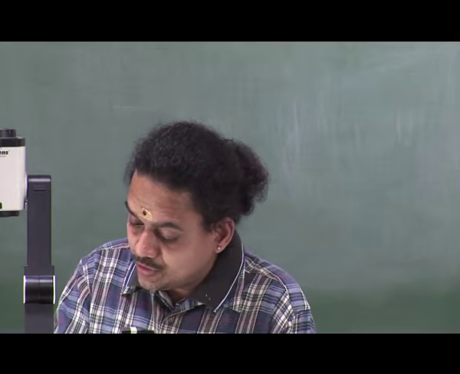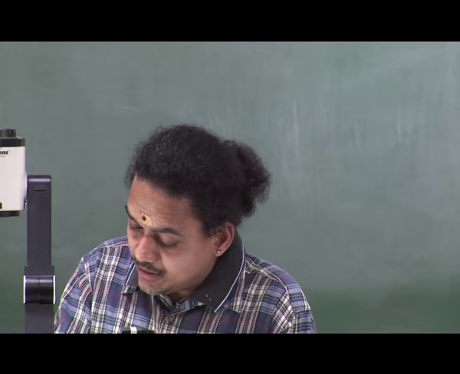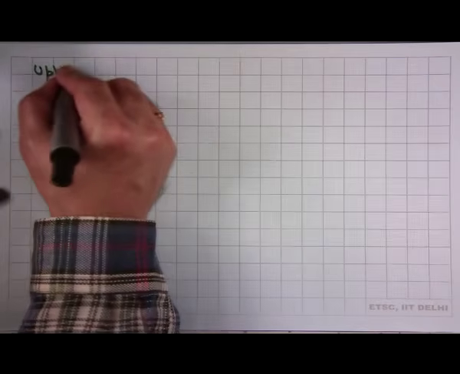Next one is what is known as an upper triangular matrix, a variety or a type.